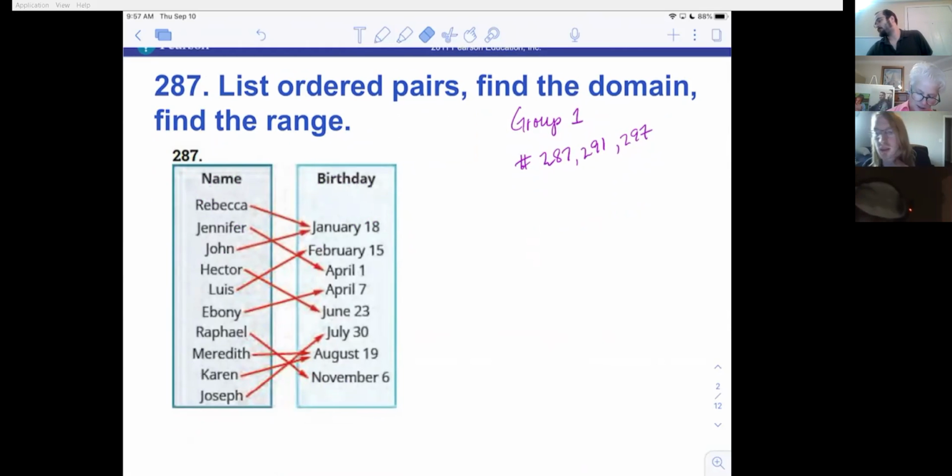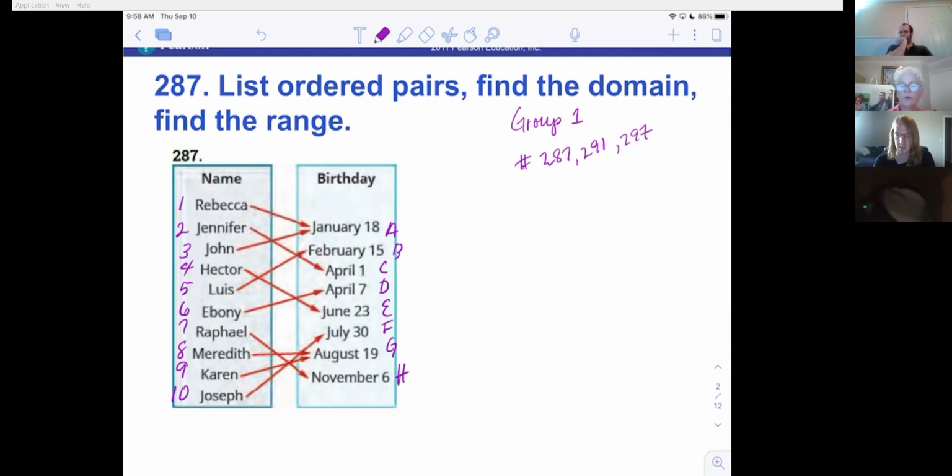Okay, so what number did you attach to everything? The name side is 1 through 10. And then the birthday side is A through H. Okay, and so you could do shorthand, like y'all could have done something different, but that's fine with me. Okay, so what are the ordered pairs?